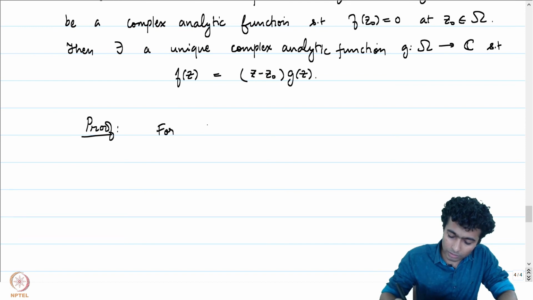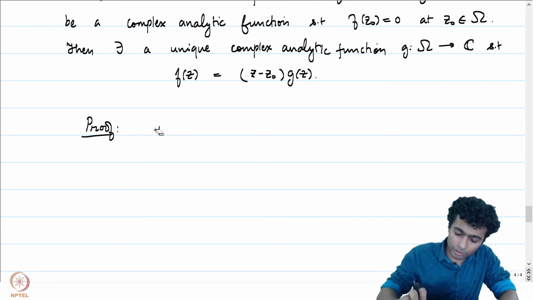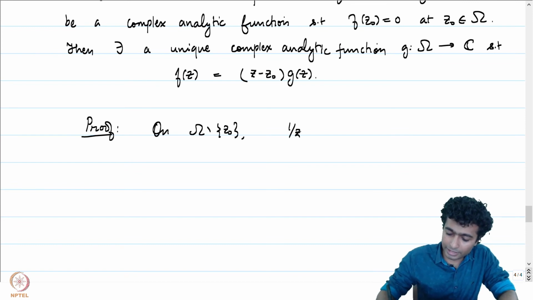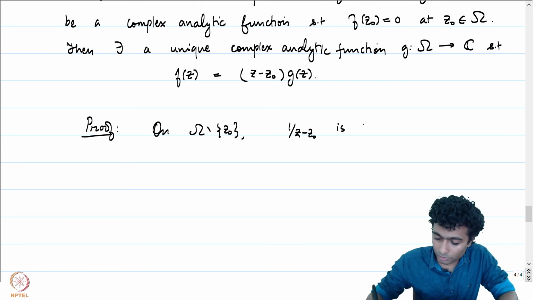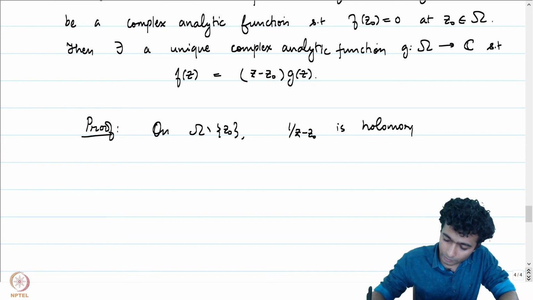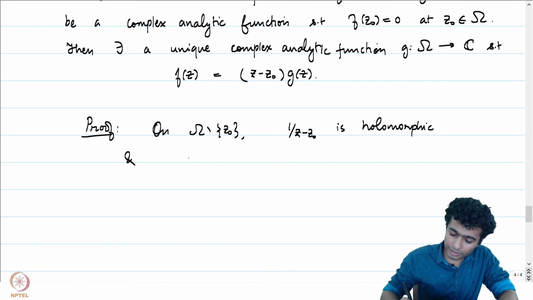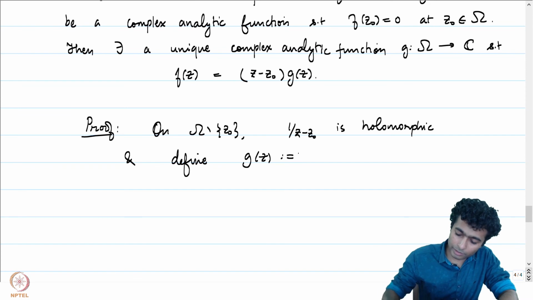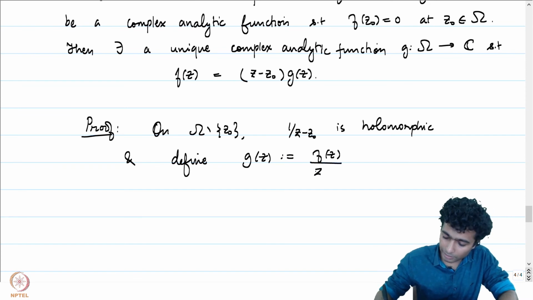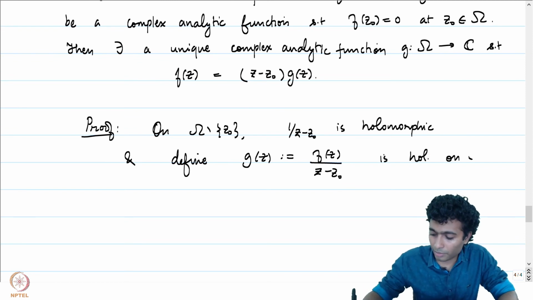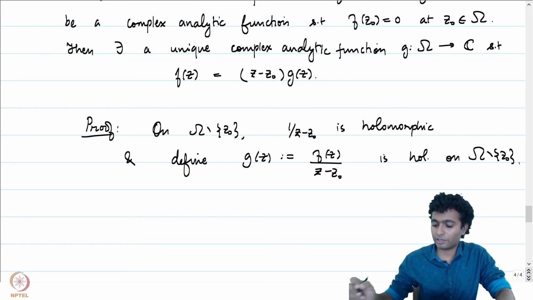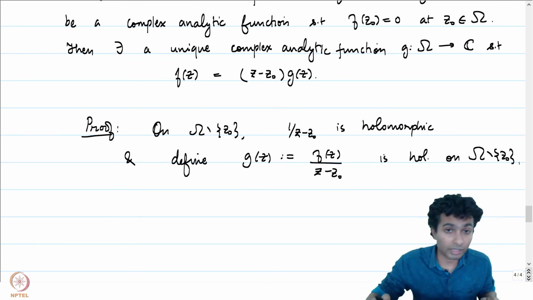For on omega minus the point z0, 1 by z minus z0 is holomorphic, and clearly, defining g of z to be equal to f of z by z minus z0 is holomorphic on omega minus z0, and by very definition this g satisfies the required conditions.